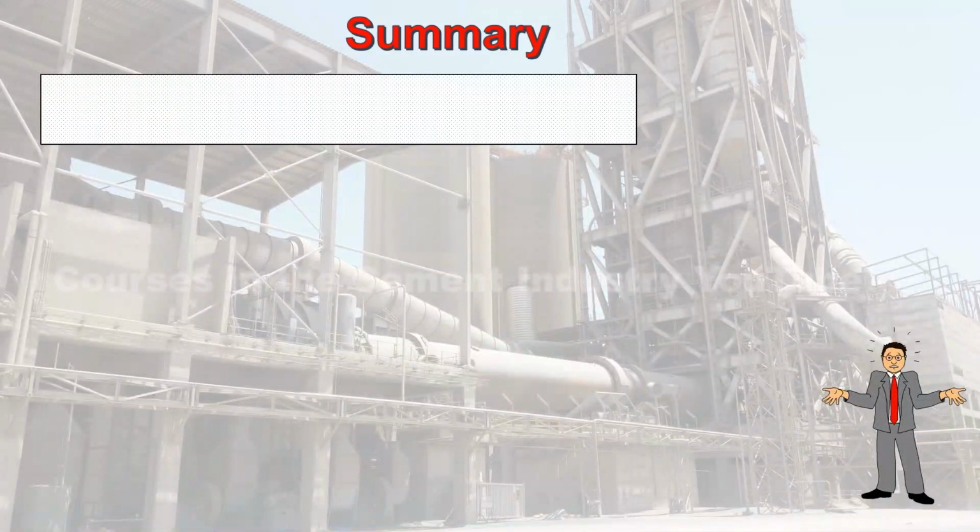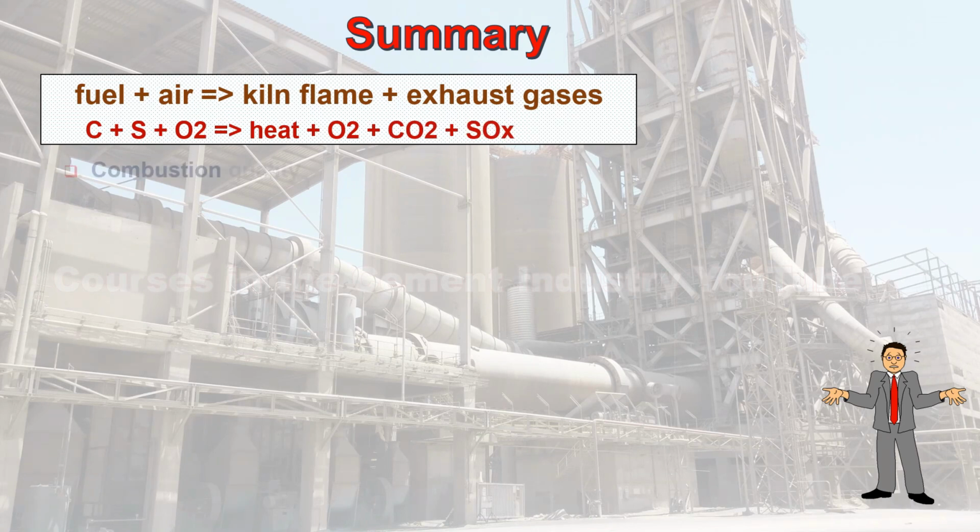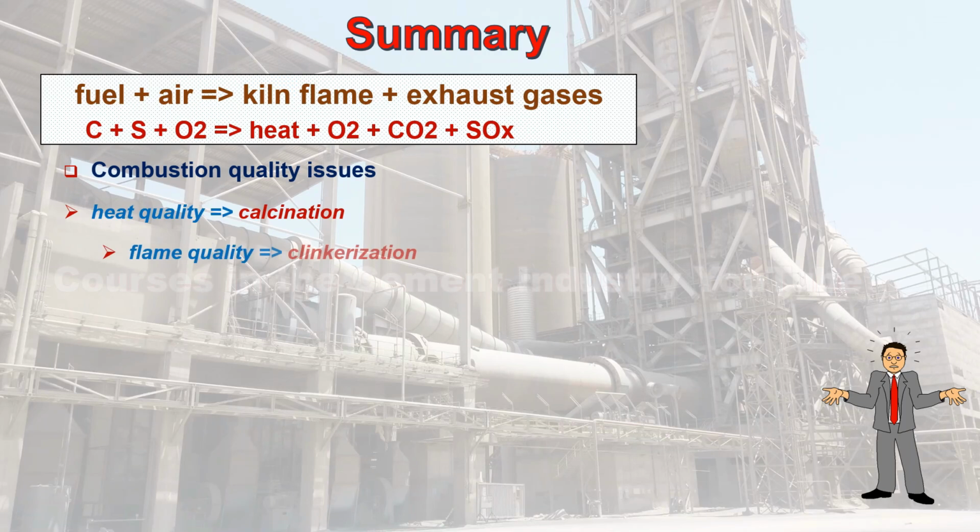Summary. 1. Fuel plus air lead to kiln flame plus exhaust gases. C plus S plus O2 lead to heat plus O2 plus CO2 plus SOx. 2. Combustion quality issues: heat quality, calcination; flame quality, clinkerization. 3.